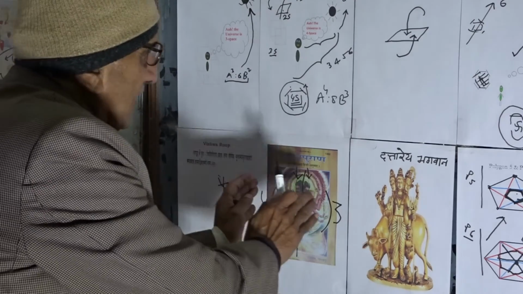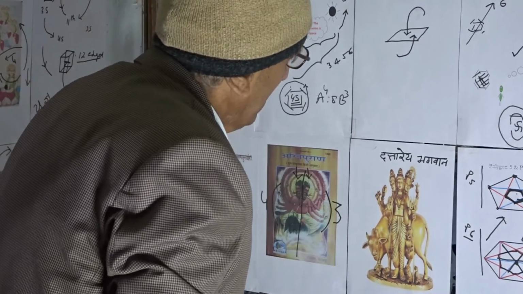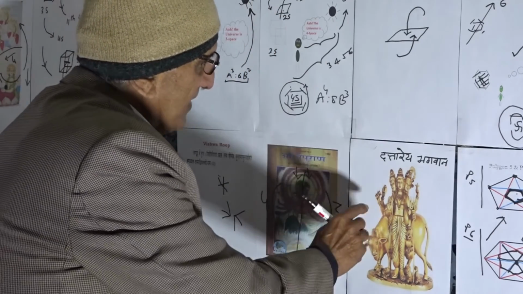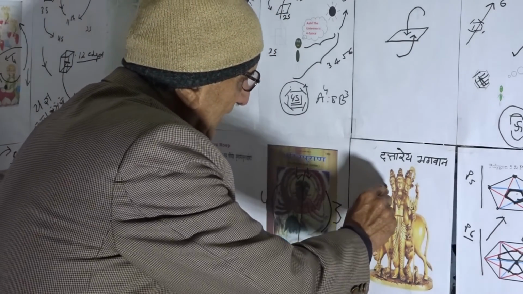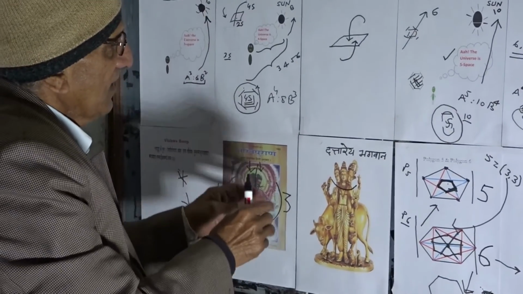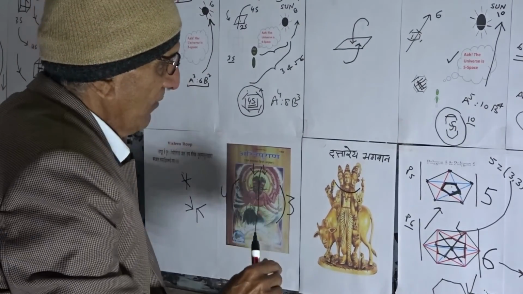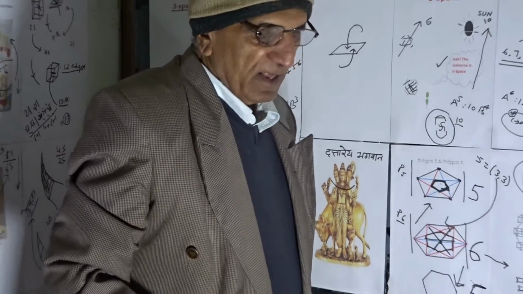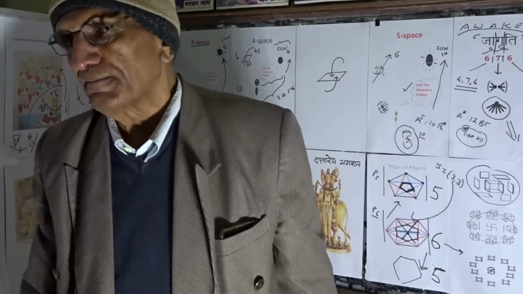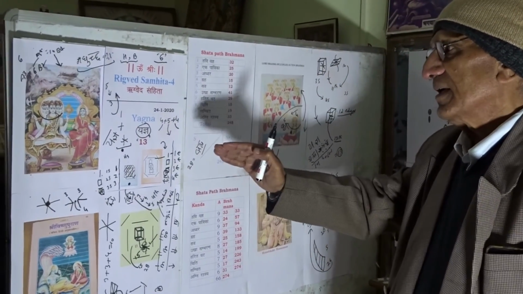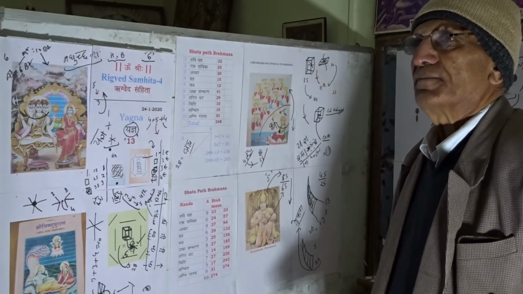A step ahead in a 5 space, we will be face to face with the Dattatreya Bhagwan's idol, a triple head lord, and it is here where our urge will have a complete satisfaction to be parallel with the Rigved Samhita.